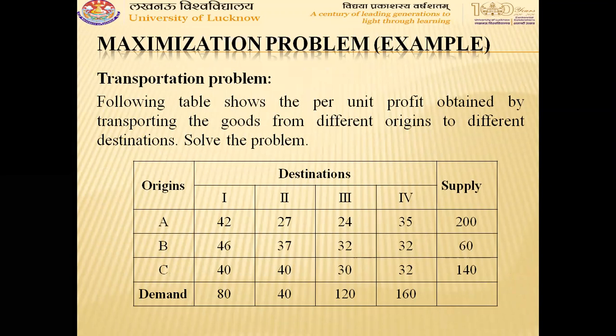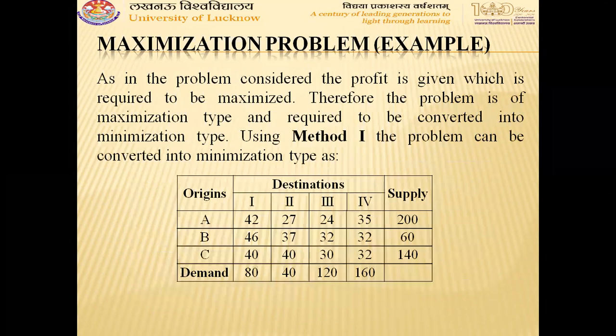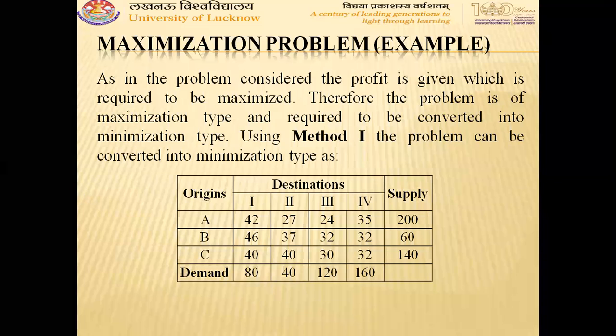First, I have taken the example of a transportation problem in which the table shows the per unit profit obtained by transporting goods from different origins to different destinations. Here these quantities are profit, so it is a maximization type problem, and it should be converted into a minimization type problem. Using method 1, we multiply each quantity by minus 1.